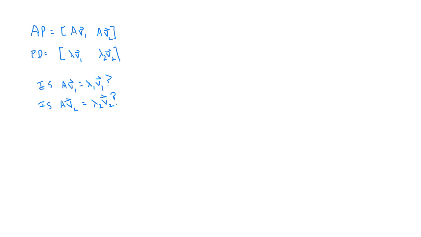In other words, to show that A times P equals P times D, I'm trying to see if the column vectors in both matrices are equal. And that's what I'm asking here.